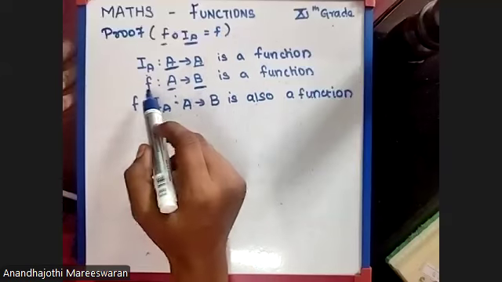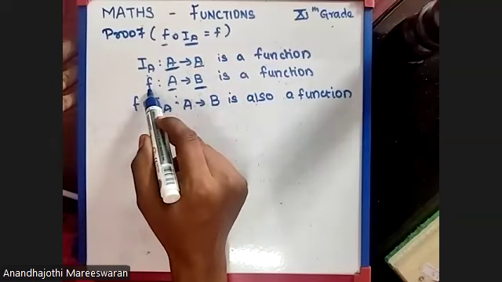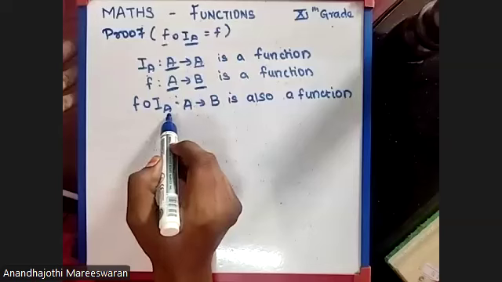Already we know F maps A to B is a function. Who is the domain of F? A. Who is the domain of I circle IA?